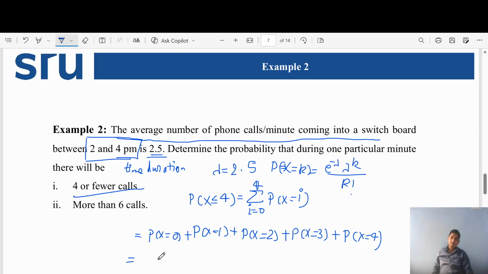So you write for each one. We put in x is equal to 0.